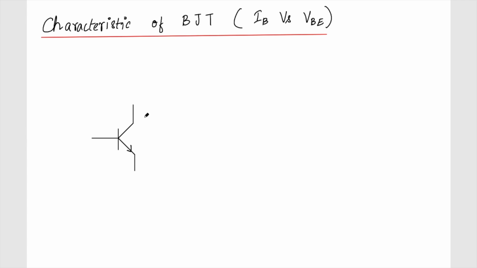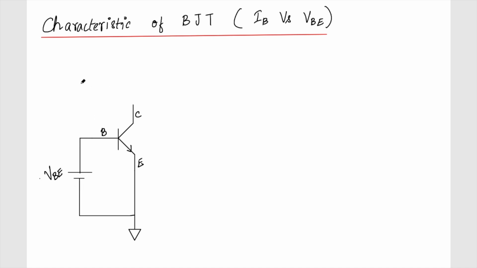This is my BJT. I have my base, this is the emitter, and this is the collector. We know that the base emitter junction is always in the forward bias region, and I have to apply a voltage, which is VBE. So I have applied a voltage VBE.